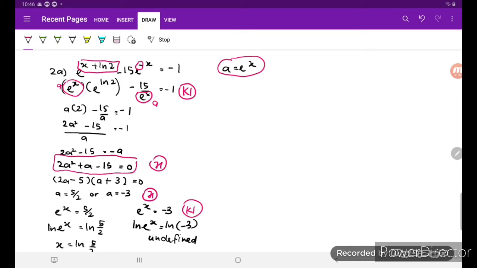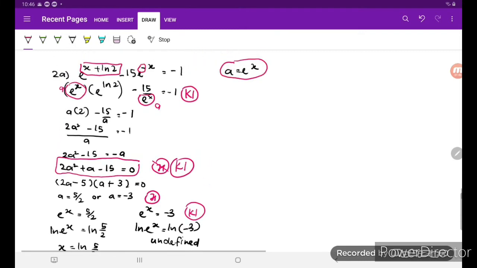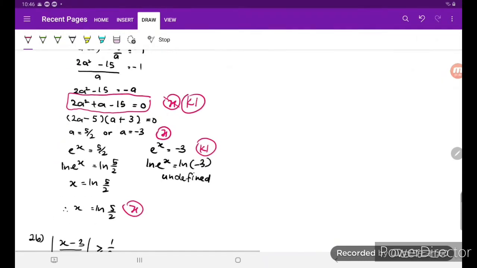Okay, then you factorize, and then this one is K1, not J1. K1. When you get your answer, your a, you will get your third mark, J1.